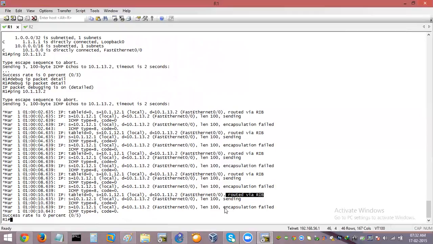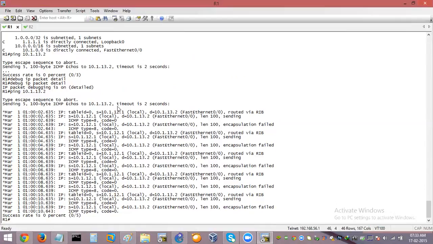Clear? Because the first 2 octets are matching. Right now, the encapsulation failed message is coming. This is the encapsulation process that is needed, but because there is no MAC address learned for 10.1.13.2, I'm not going to put any MAC address for it.